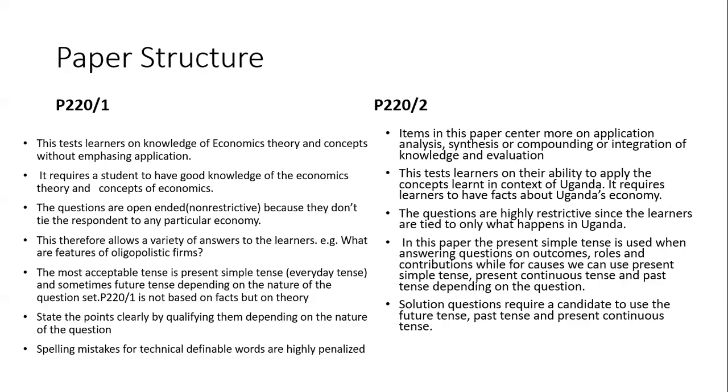But when it comes to paper two, we are calling it a more practical paper because this time we are extracting concepts that we have been taught to relate them to the Ugandan facts. That's why we say it tests the ability of learners to relate the learned concepts to Uganda as a country.